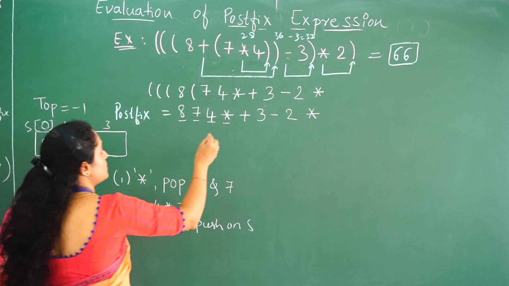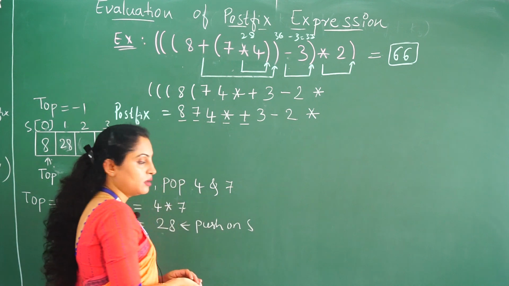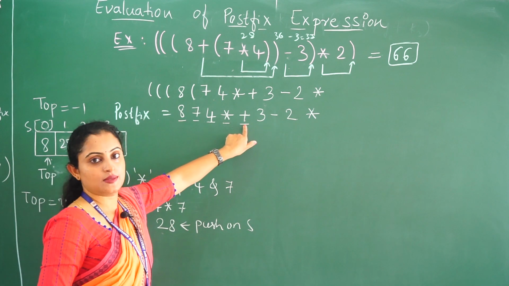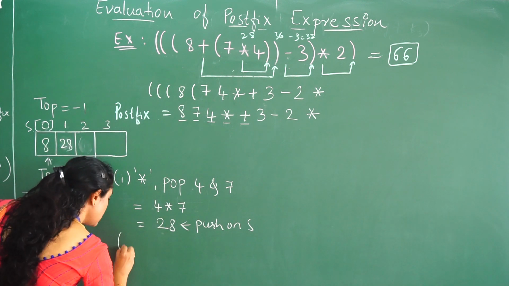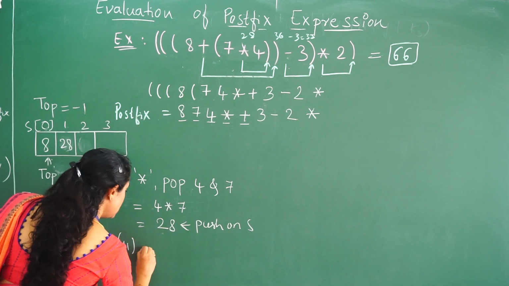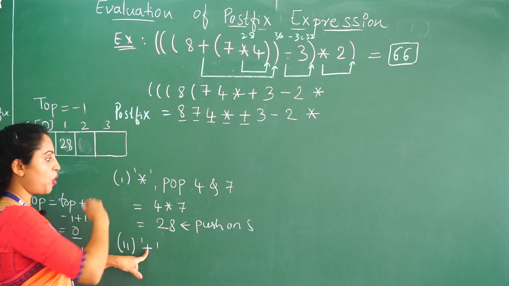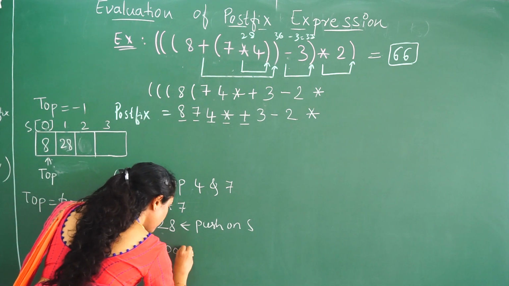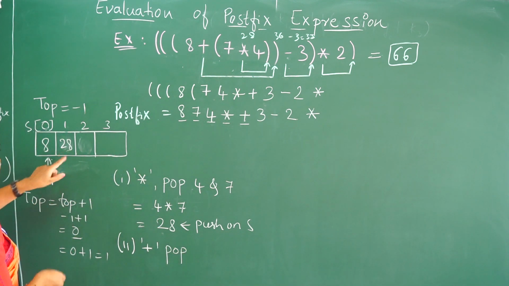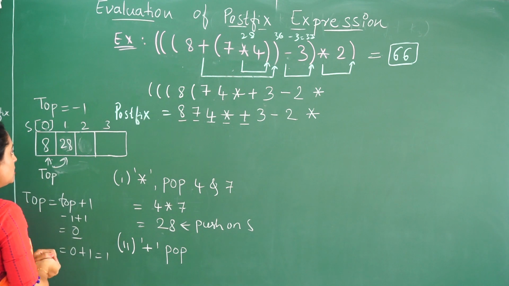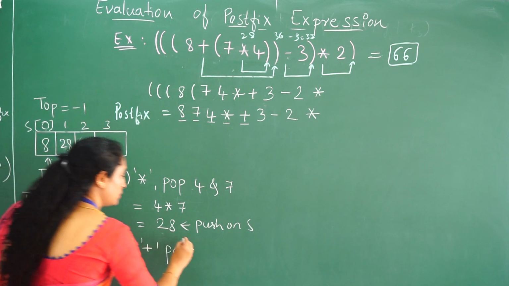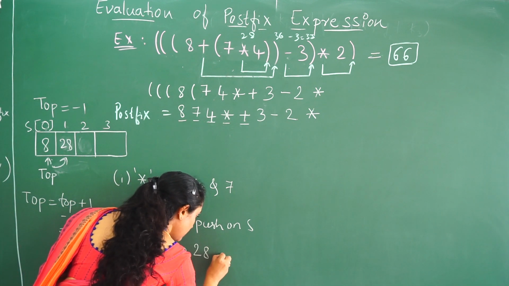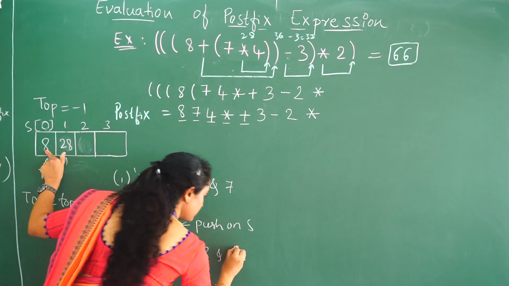So let's start scanning. The next scanned operator is plus. Whenever an operator is encountered, what we have to do? Pop the top two elements of the stack, 28 and 8.